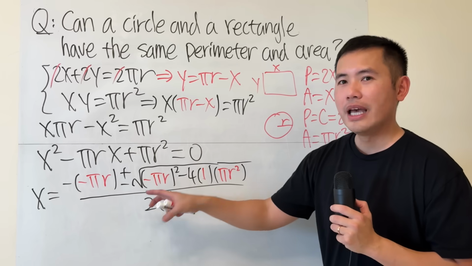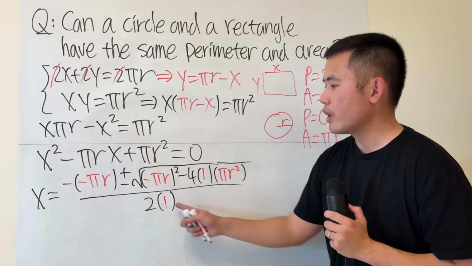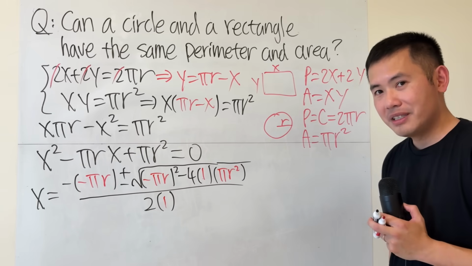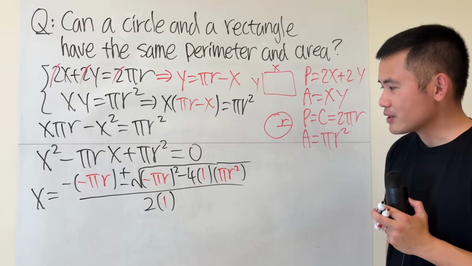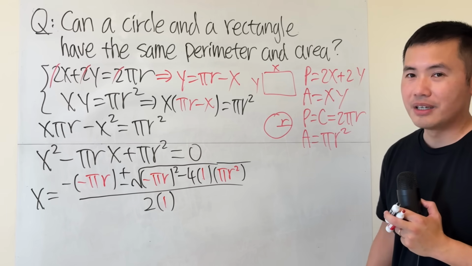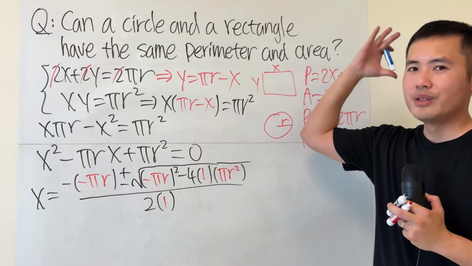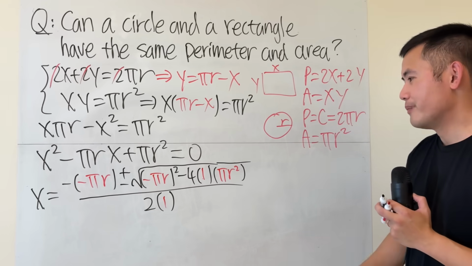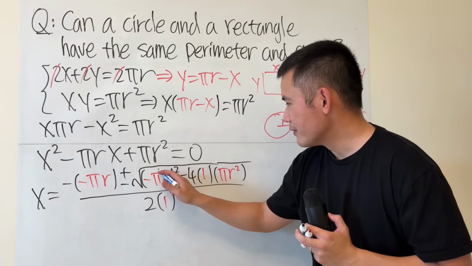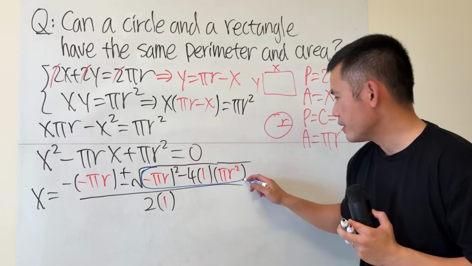Okay, and we have to be careful because we have a square root. What that means is that the expression under the square root cannot be negative, because otherwise we will have to go to the complex world. So we have to focus on this part right here.